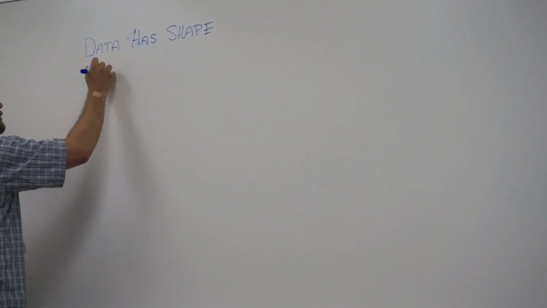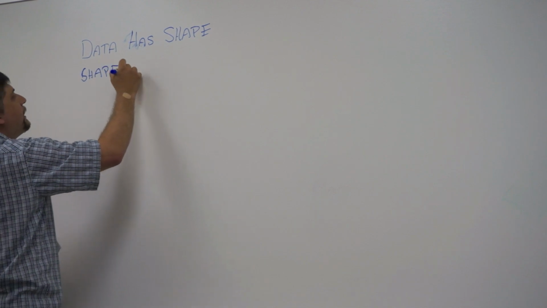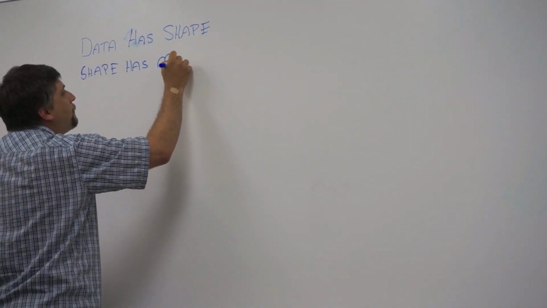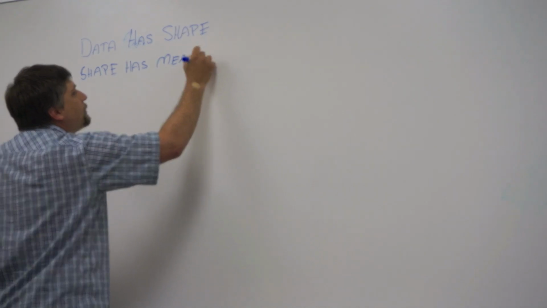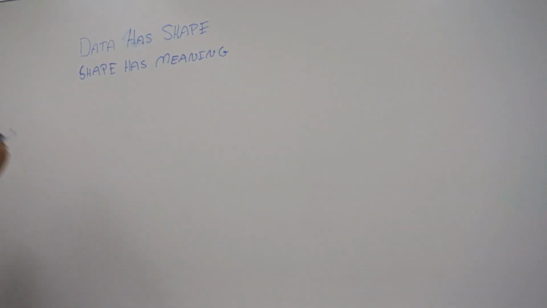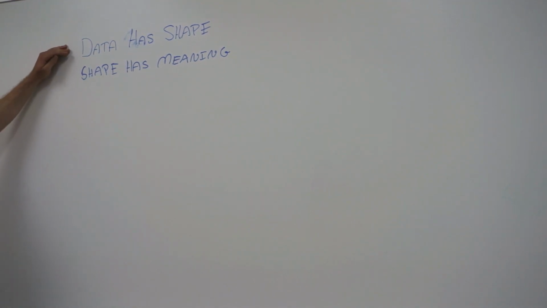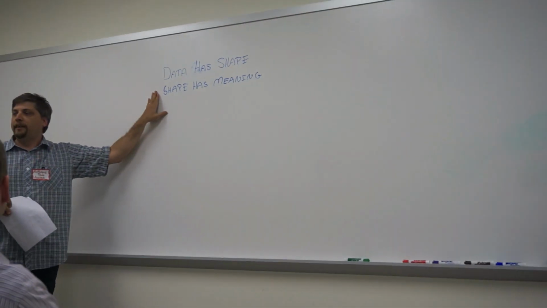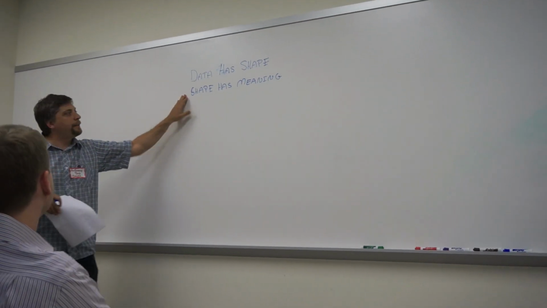This is what drives our analysis: understanding shape and meaning. I'm not going to focus so much on how we create the shape from data, but on how we extract meaning from shape. What does that mean?